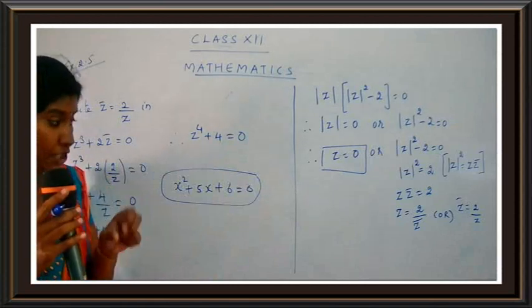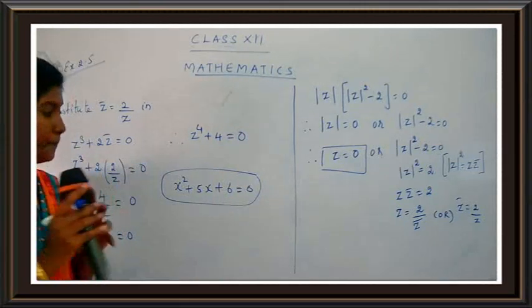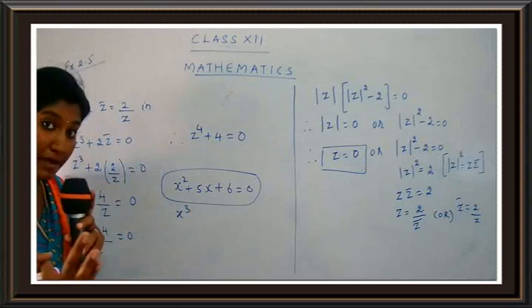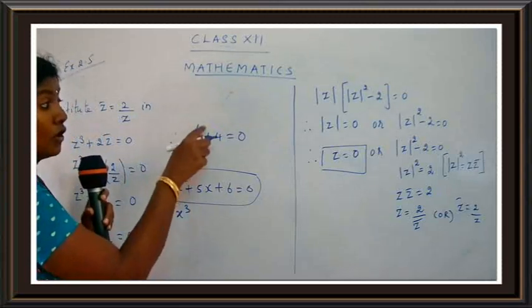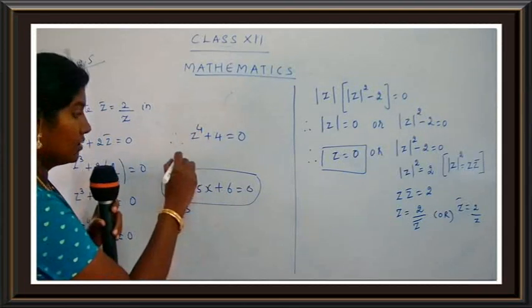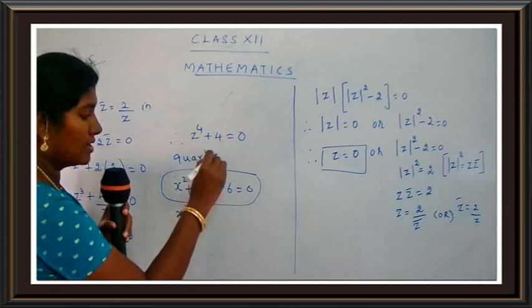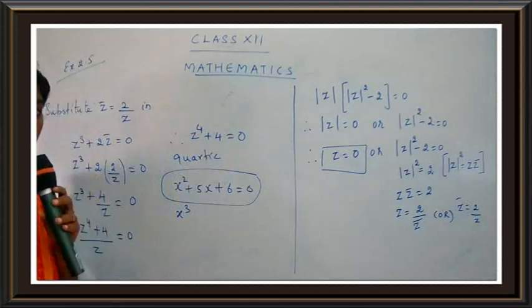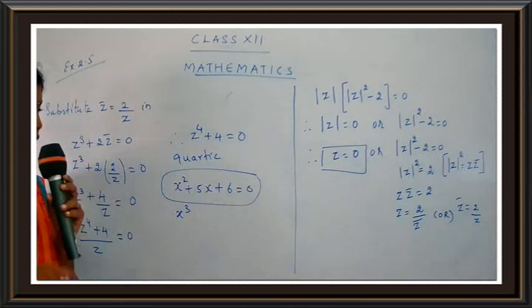For a quadratic equation, you will get 2 values. Similarly, if you are dealing with a cubic polynomial, you will get 3 values. Now here you are dealing with a quartic polynomial. What is that? Quartic, Q-U-A-R-T-I-C. This is 4. When the degree is 4, you call the polynomial a quartic polynomial.